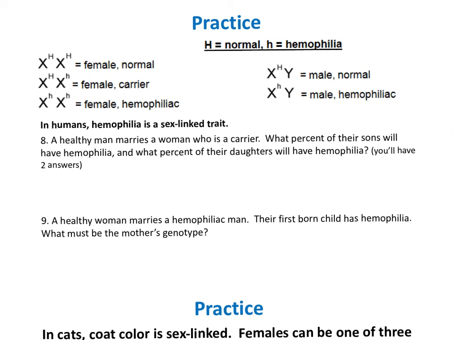Number 8, a healthy man marries a woman who's a carrier. So my healthy male, I don't put a letter on the Y, and my female is a carrier, and I'm going to fill out that Punnett square.